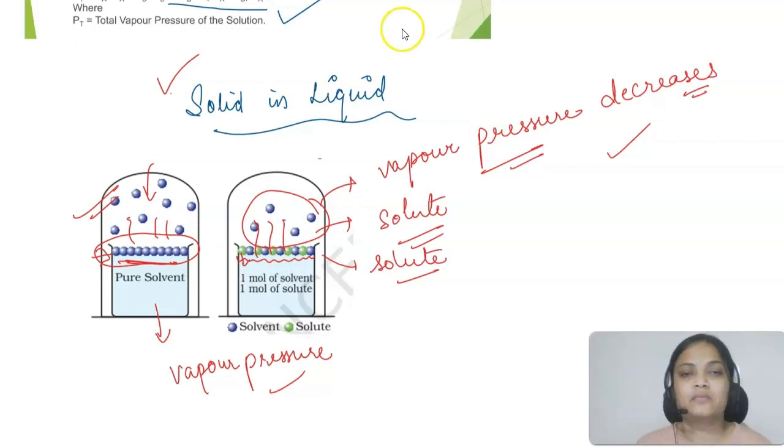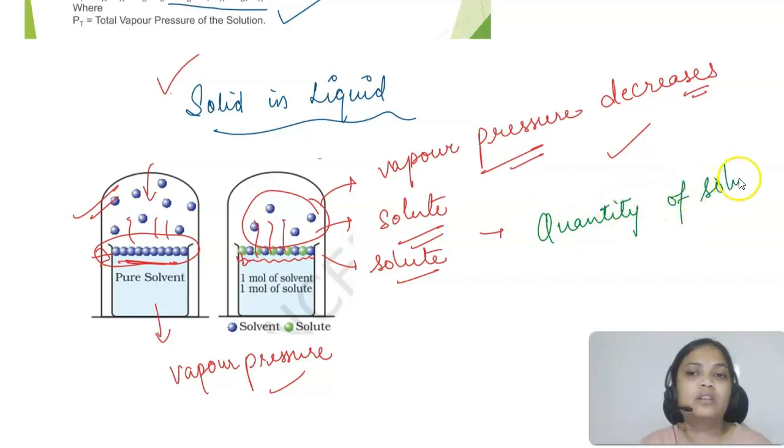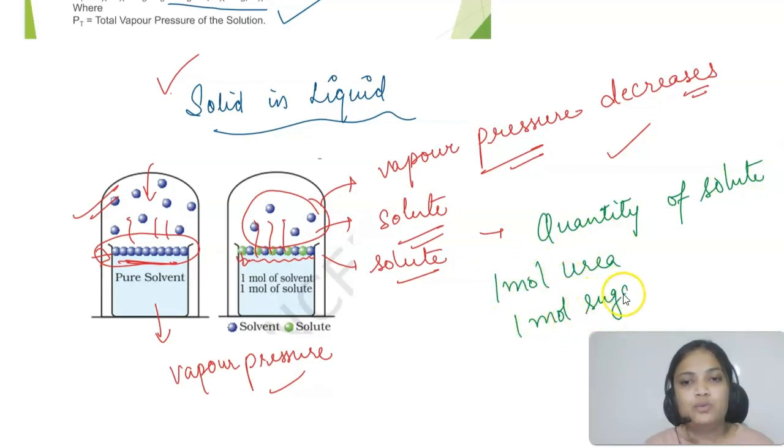Okay. And you must know that this decrease in vapor pressure will depend on the quantity of the solute rather than on the nature of solute. Let's say if I am adding 1 mole of urea, or I am adding 1 mole of sugar to your water, okay, in that case the lowering in vapor pressure would be the same because the amount is the same.